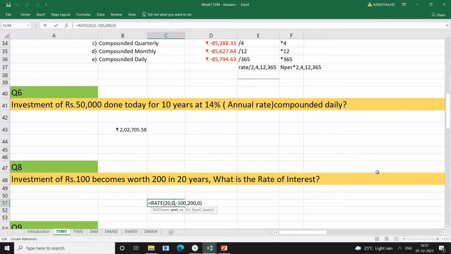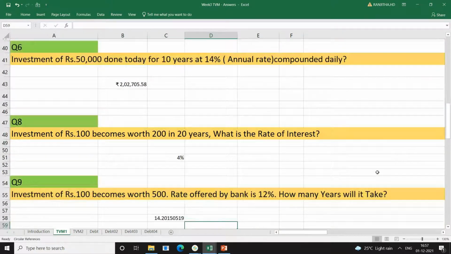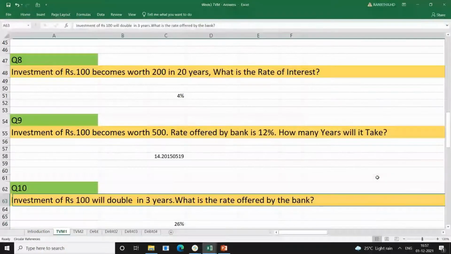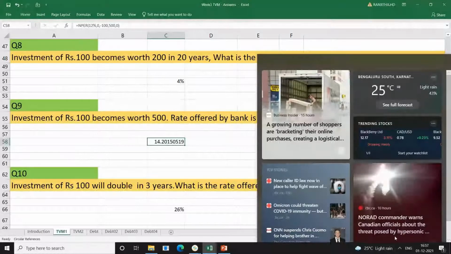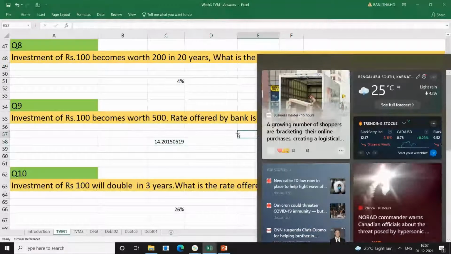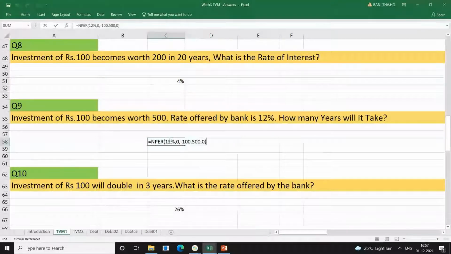Ninth question. Here you are finding the years, so we need to use nper.